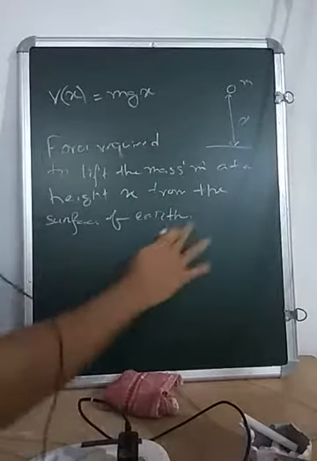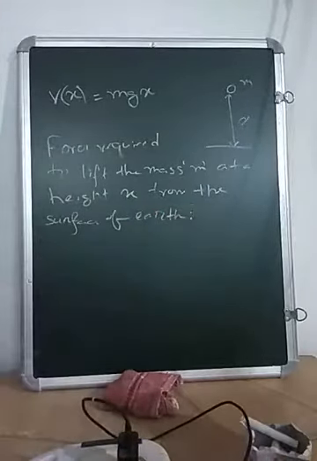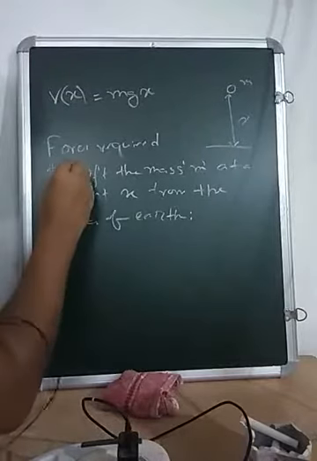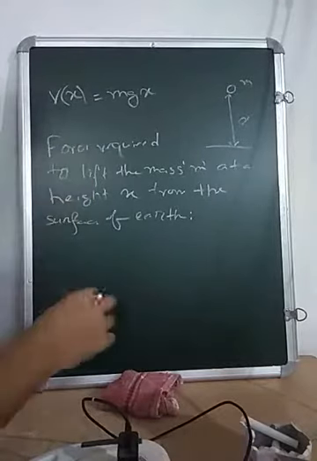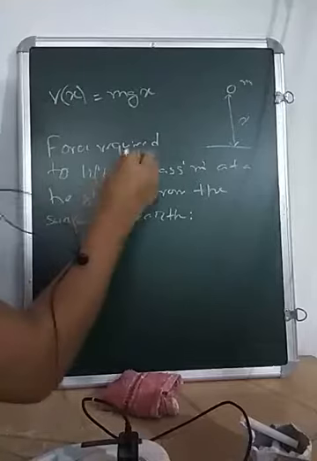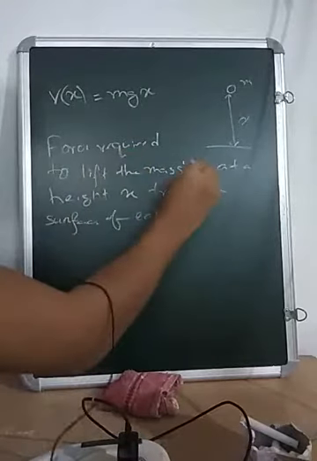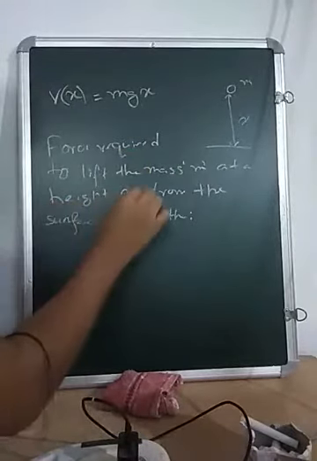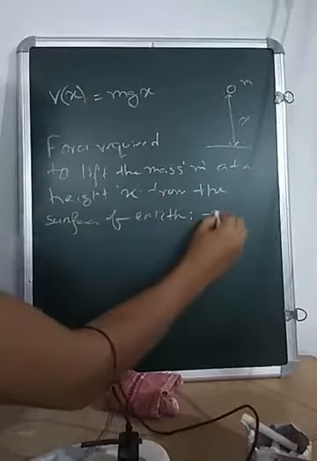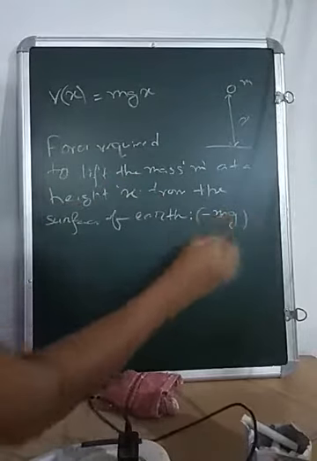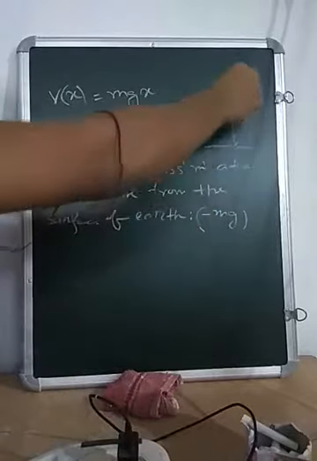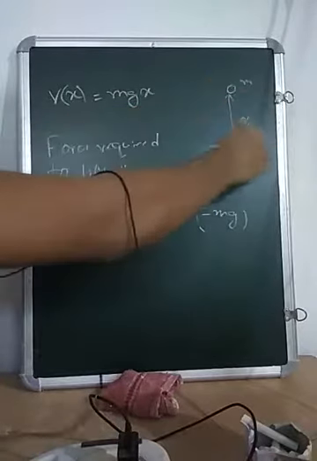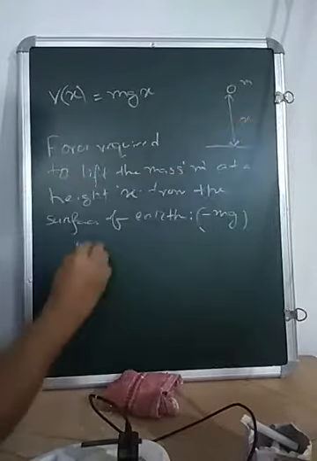How much is the force? The force required to lift the mass m at a height x from the surface of Earth is minus mg. We assign a minus sign because the object is pulled by gravity with a force plus mg.